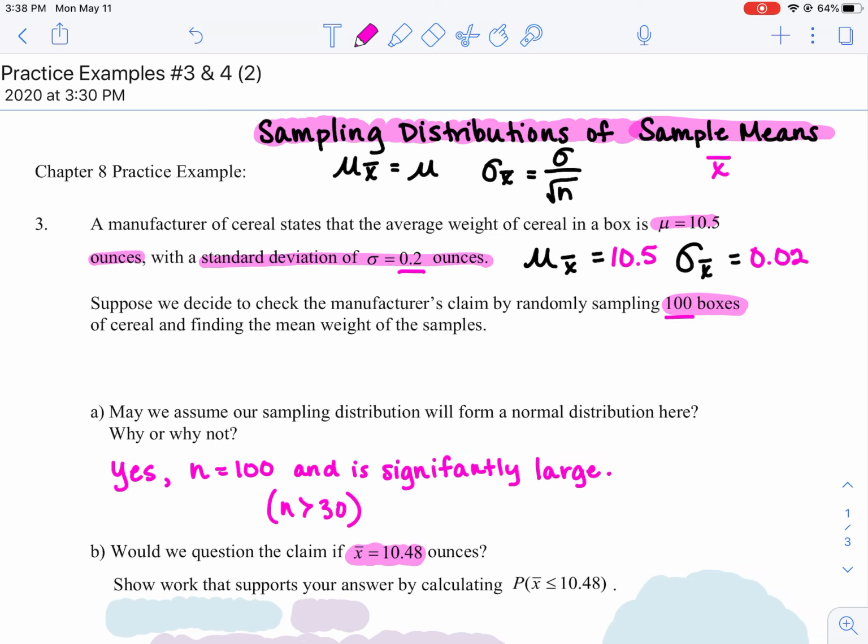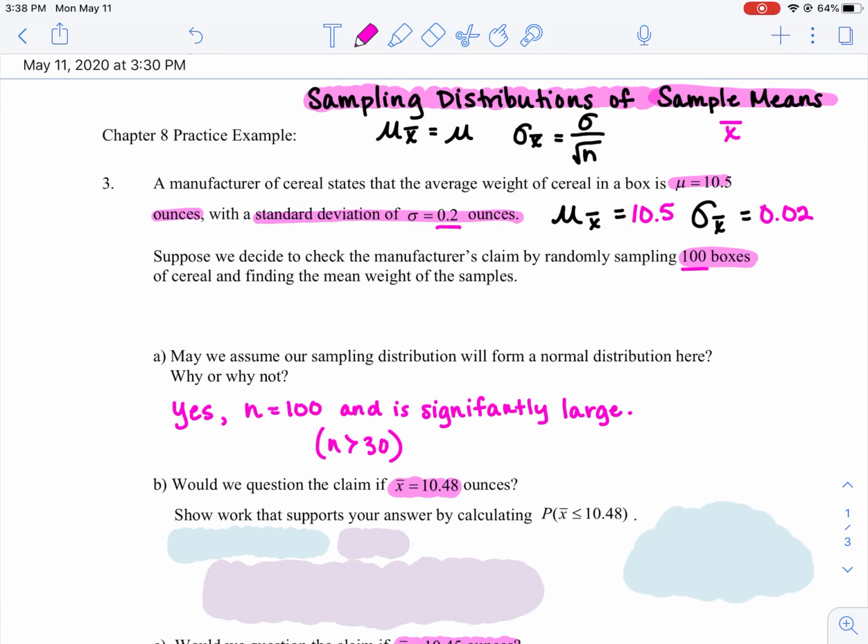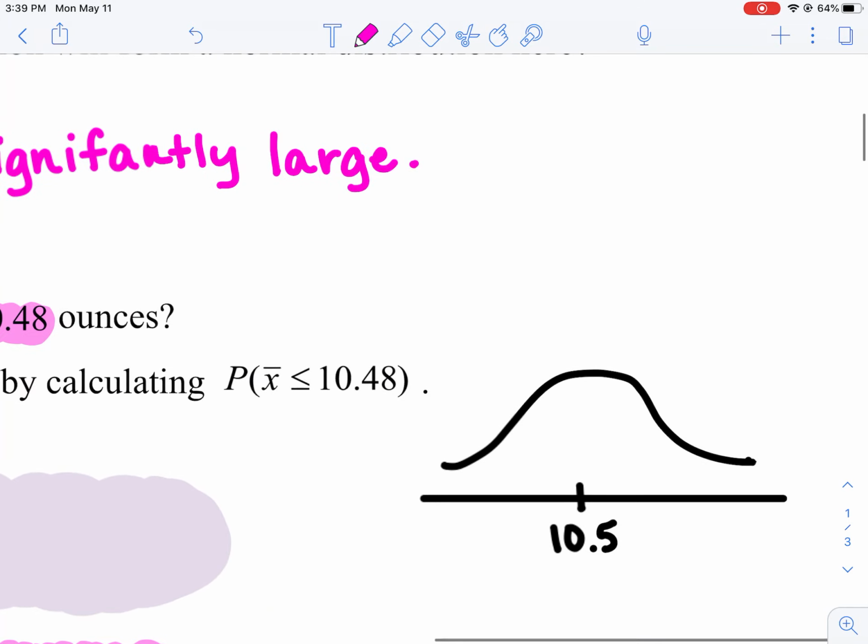Okay, so now getting to questioning that claim of 10.5 ounces. Would we question the claim if we got a sample mean of 10.48 ounces? Because we know we have a normal distribution, we're looking at if that true mean is 10.5, what's the probability that we get 10.48?